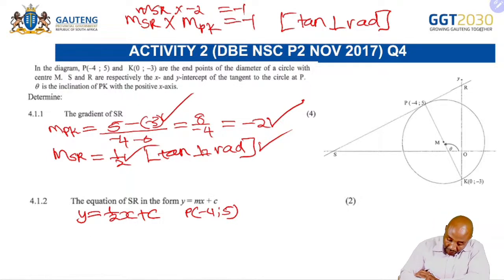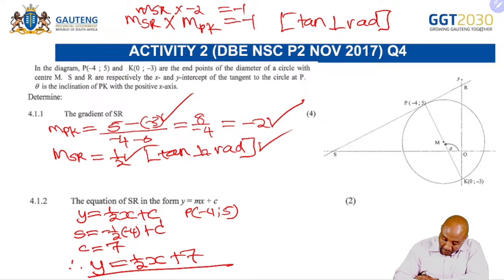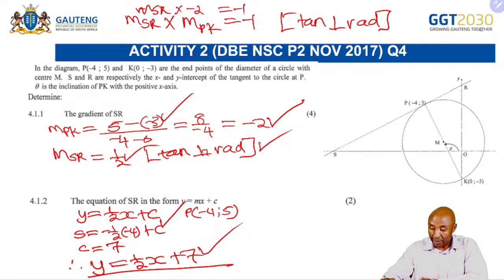When my y is 5, my x is -4, plus c, and I'll get my c as +7. Therefore, my equation will be y is equal to half x plus 7. So, substitution, answer, I get my 2 marks. So far, we have 6. We move on to the next question.